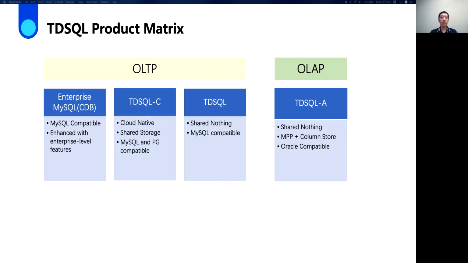It's based on shared-nothing architecture and is best used in the case with a very large amount of data. For analytical workload, there's another product, TD-SQL-A, as shown on the right side. It's a shared-nothing MPP database supporting columnar storage functionality and also provides Oracle compatibility.